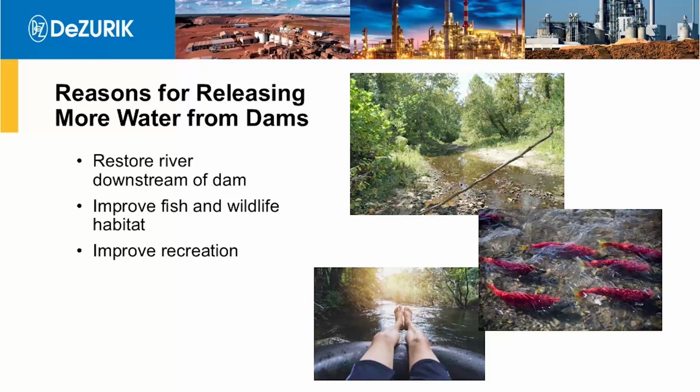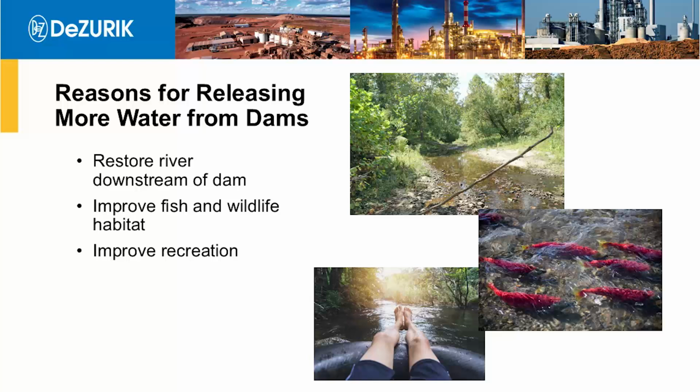Another important one, especially up here in the Northwest, is to improve fish habitat and fish passage. If the water's warm, for instance, a salmon won't migrate upstream because they're looking for cold water coming off snowmelt. So regulators up here are telling dam owners, okay, you've got to release more water, cooler water, and during the seasons that fish are migrating, you can't just do it when you want to.